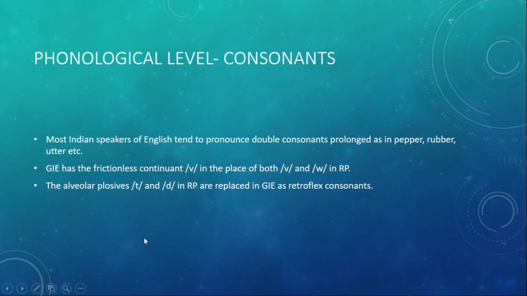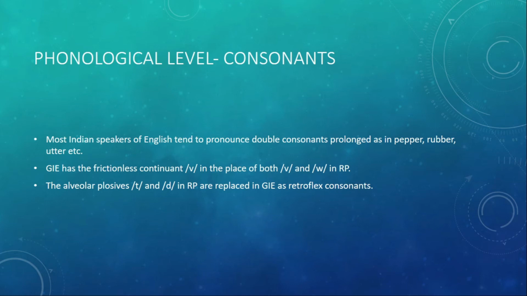And then the last point here is that you have the alveolar plosives t and d in RP. But instead of t and d, like in ten, den, etc., Indians have a tendency to make them retroflex sounds. While pronouncing retroflex sounds, you actually roll your tongue upwards and raise the tip of your tongue to the roof of the mouth.